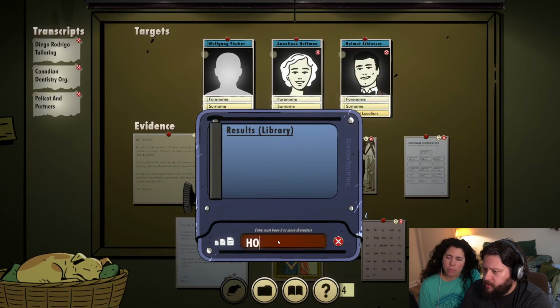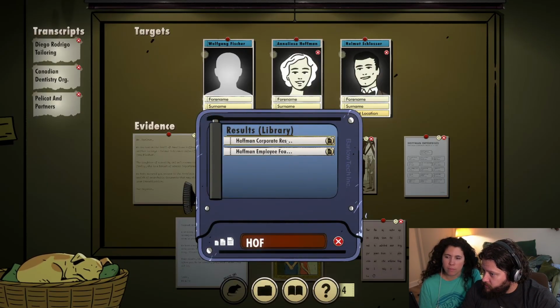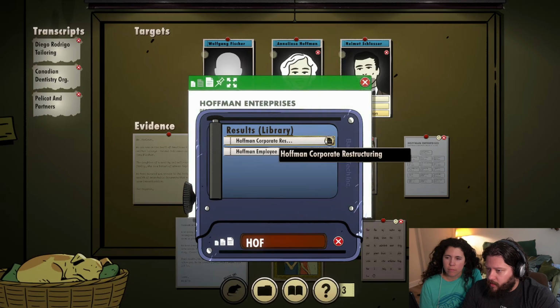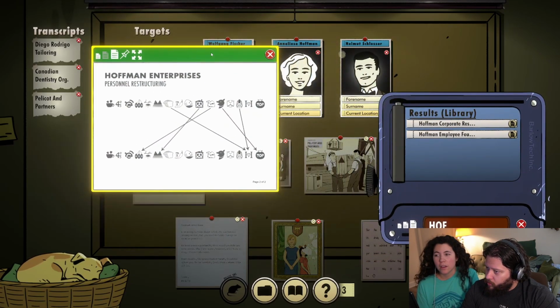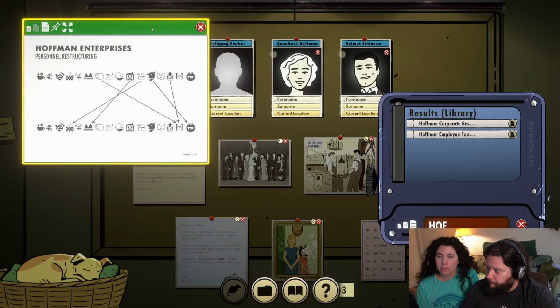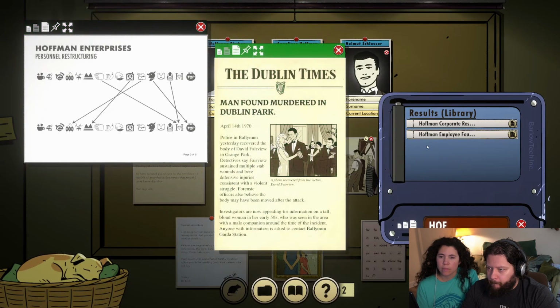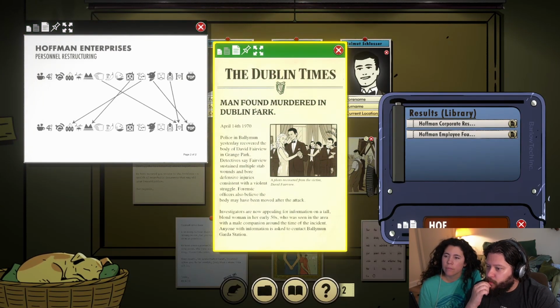Can we look up Hoffman? Okay. Hoffman Corporate Restructuring. Oh. Ooh. Okay. Man found murdered in Dublin Park. Ooh. That's probably... Okay.